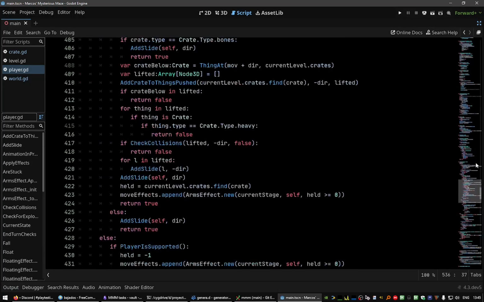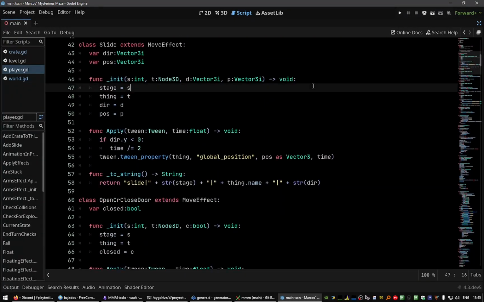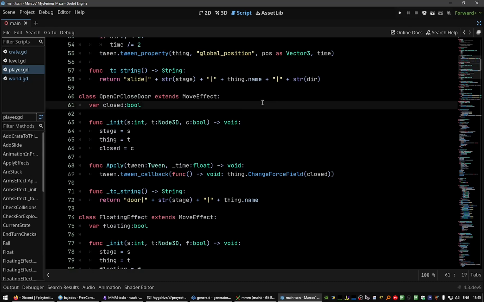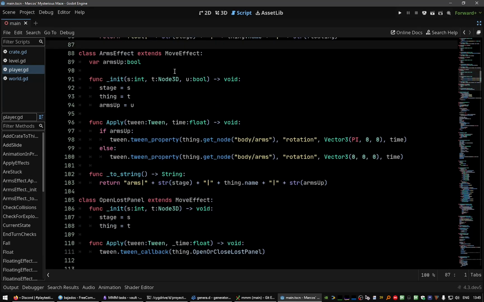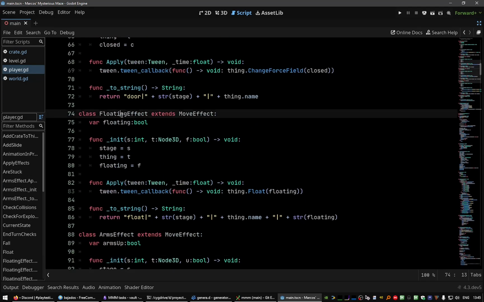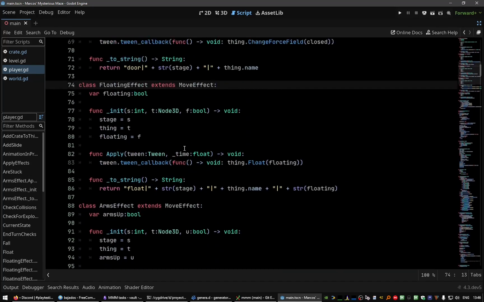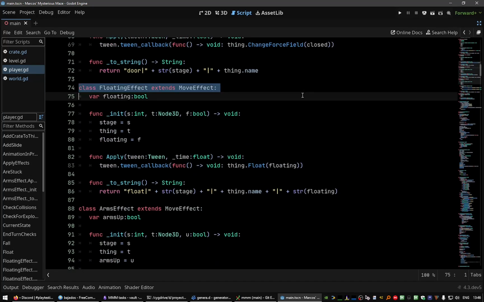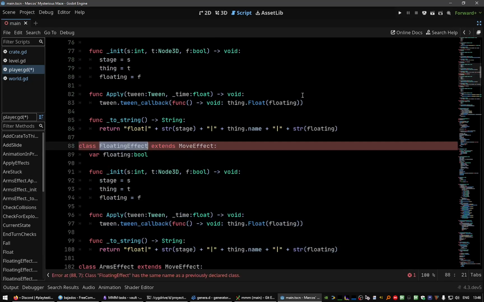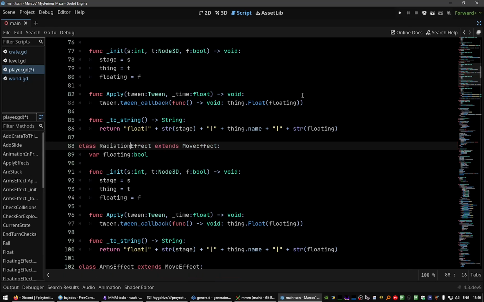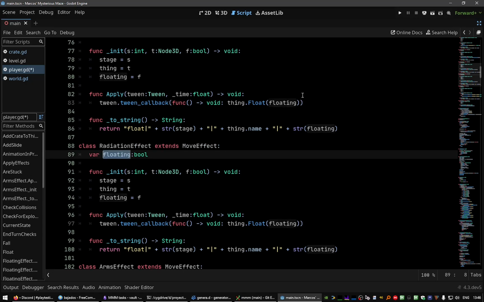Let me see. In the list of effects, this is similar to the animation of the floating or of the arms. So let's duplicate this one. Let's rename it radiation effect.